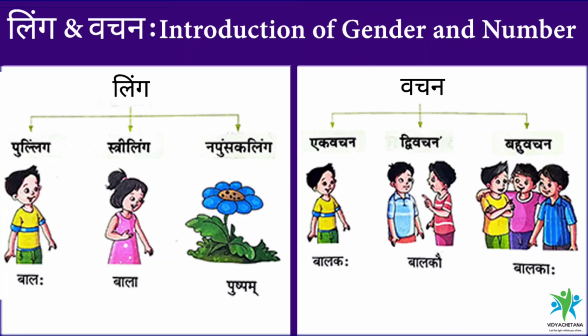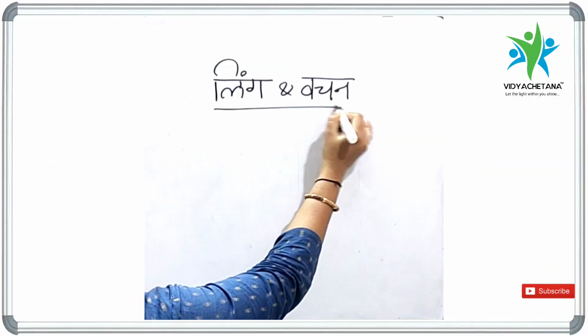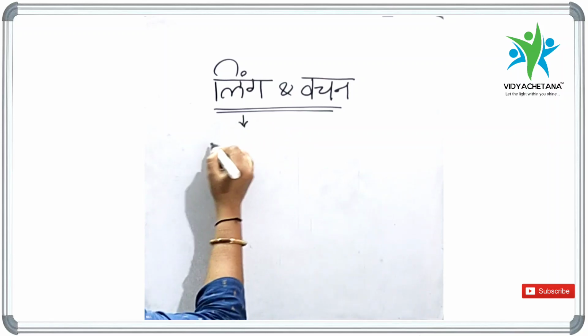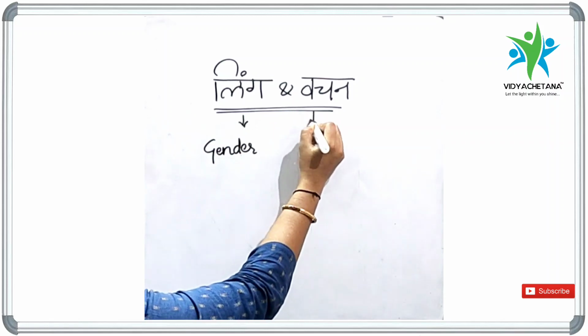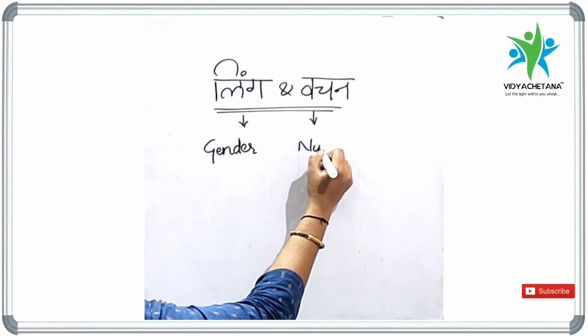Today we are learning about Linga and Vachana in Sanskrit. Linga is gender and Vachana is number.